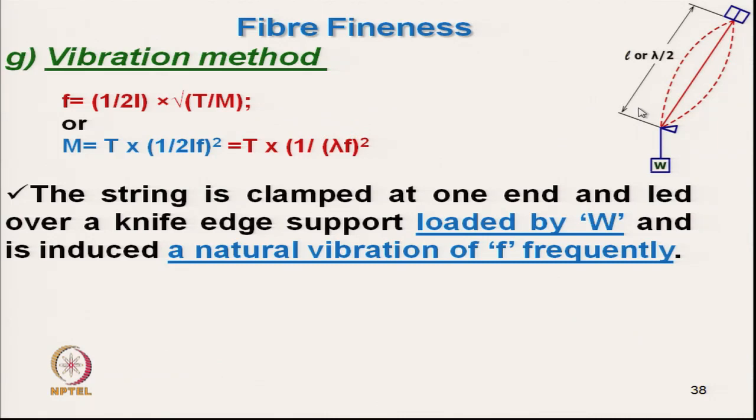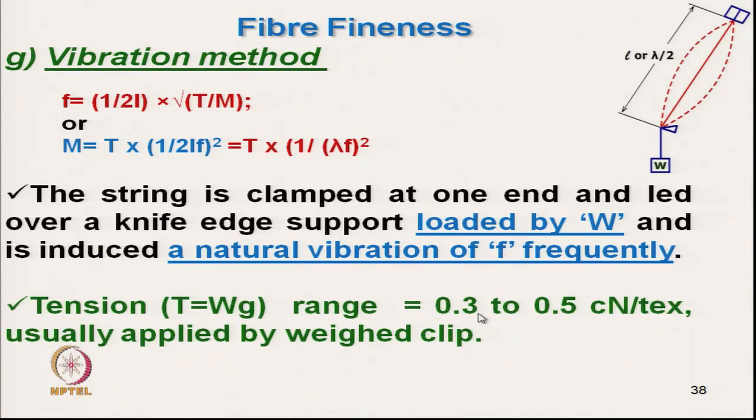If we know the natural frequency of vibration, then we can calculate the mass per unit length. So, how do we get the natural frequency?